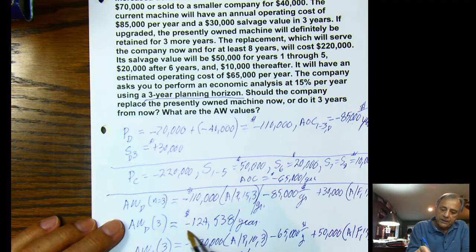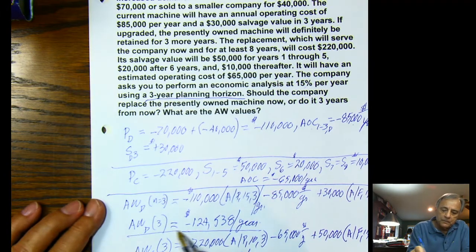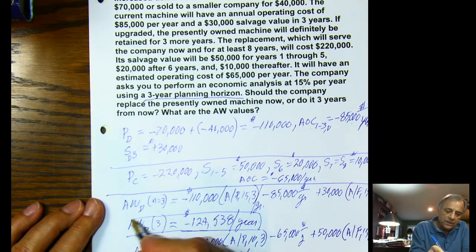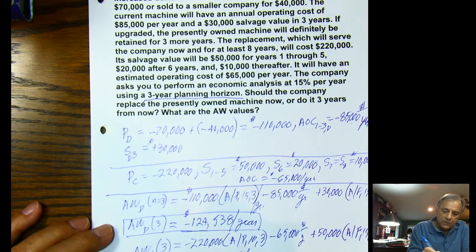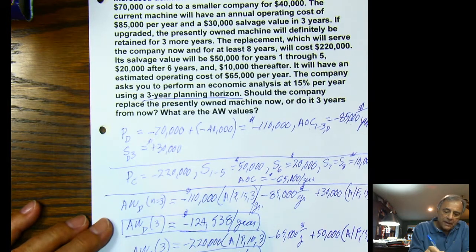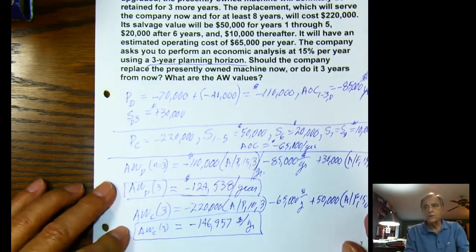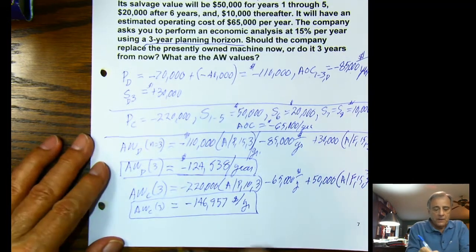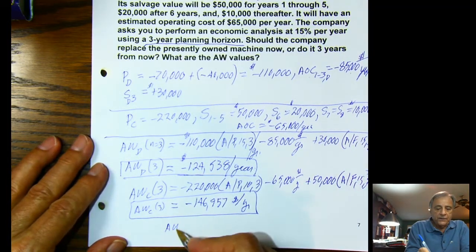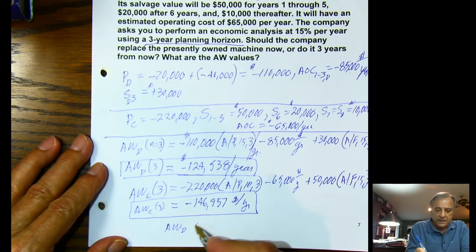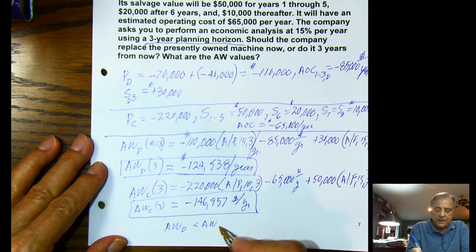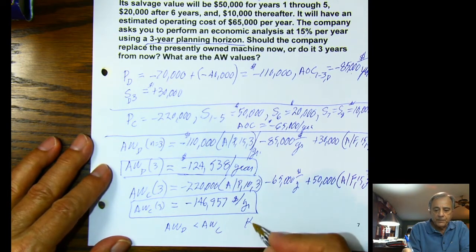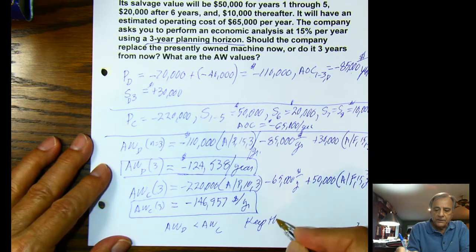So we're comparing this number to the annual worth of the Challenger at 3 years. That's our study period. And we get the annual worth of the Defender is less in cost than the annual worth of the Challenger. So keep the Defender.